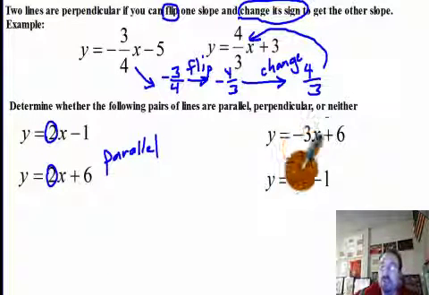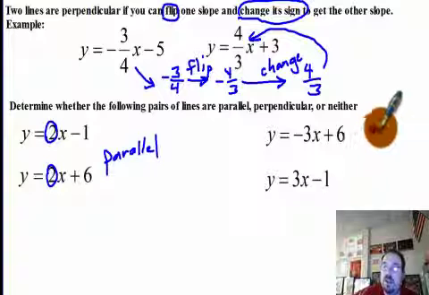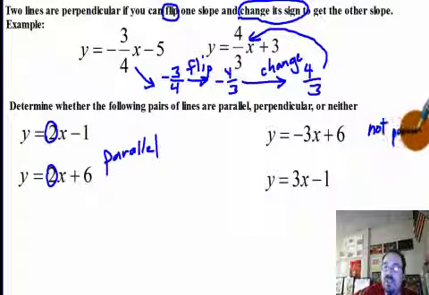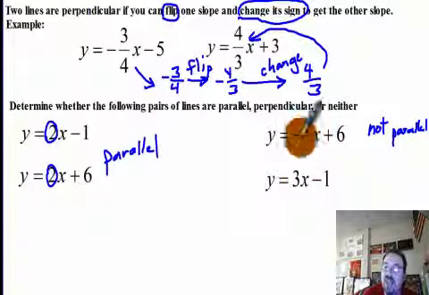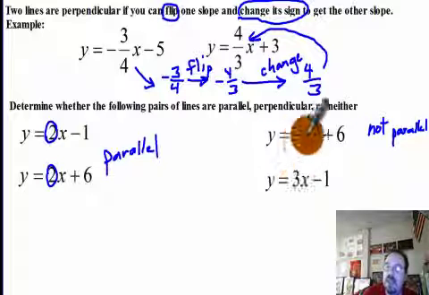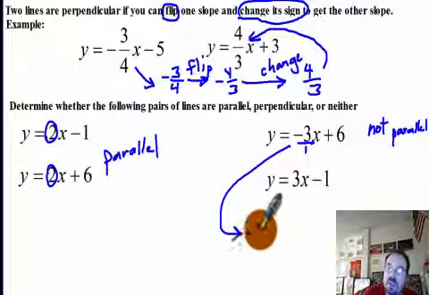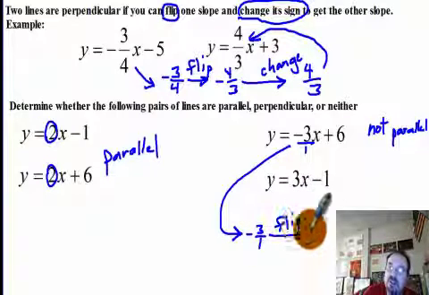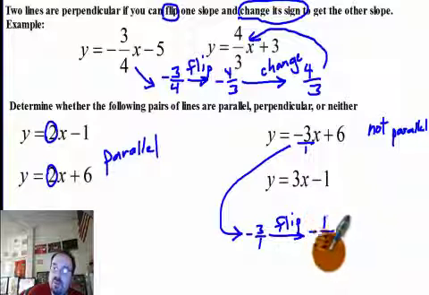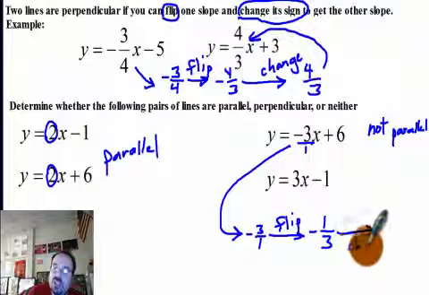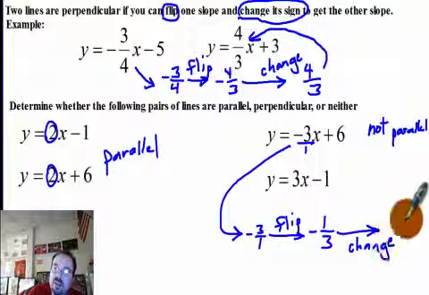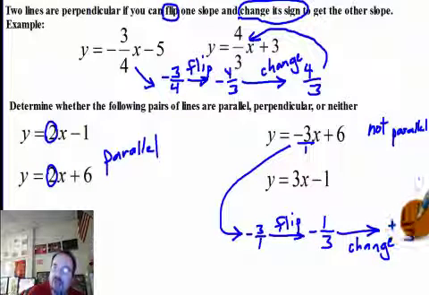In the second example, well, this is not parallel because the slopes have to be exactly the same, including the sign. Now, if I take this and write it as -3/1, and I flip it, I get -1/3, and then if I change the sign, the negative becomes a +1/3.